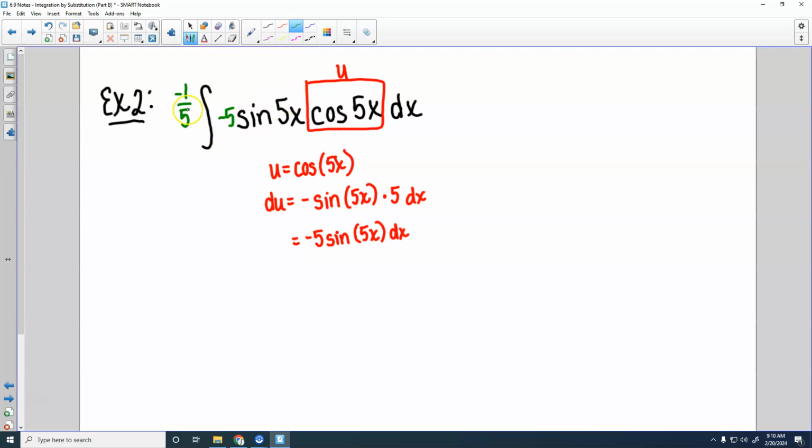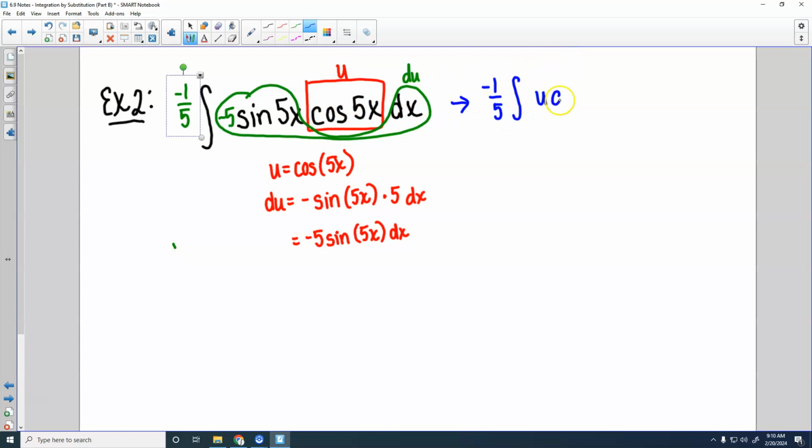So I'm just going to do this stuff right here. There's my du, right? And so if I translate this over to my u's, I will have negative 1/5 integral, and then this is just u du. Everybody okay here?